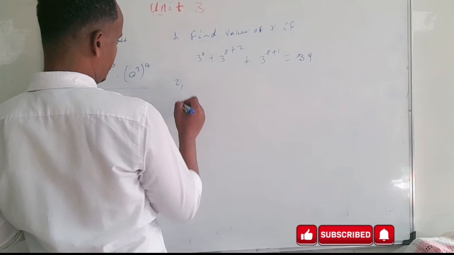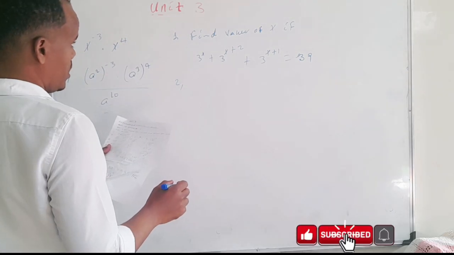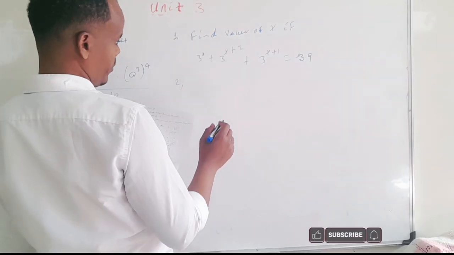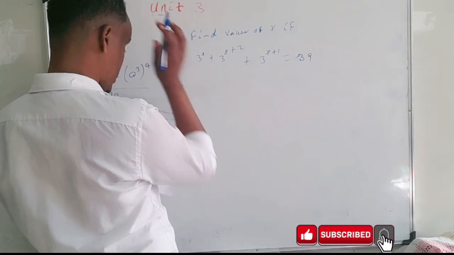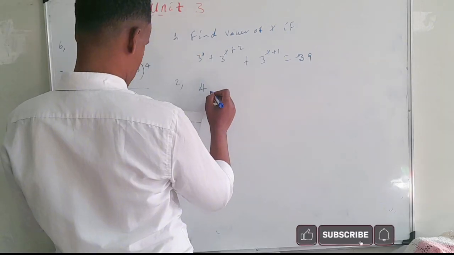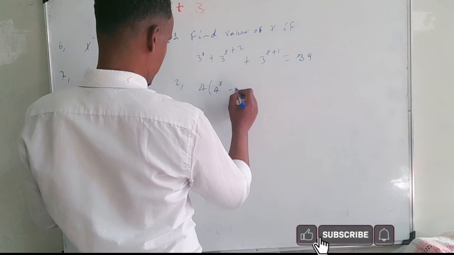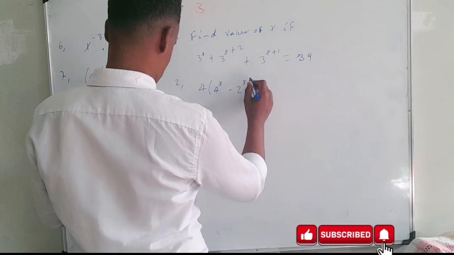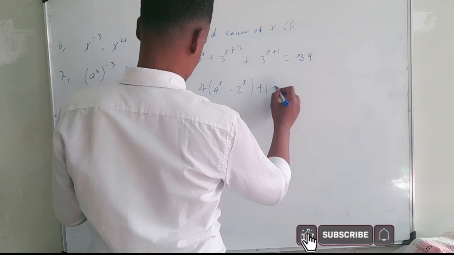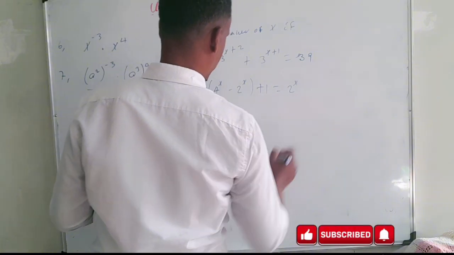And number 2: find the value of x, 4 to the power of x minus 2 to the power of x plus 1 is equal to the power of x.